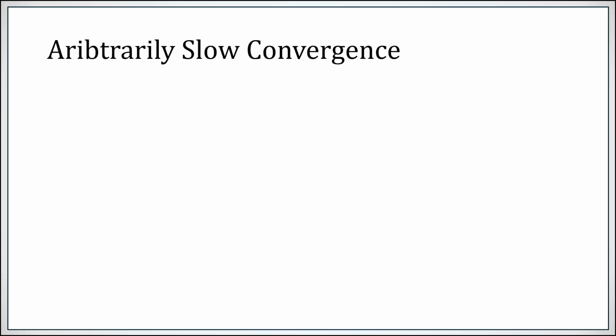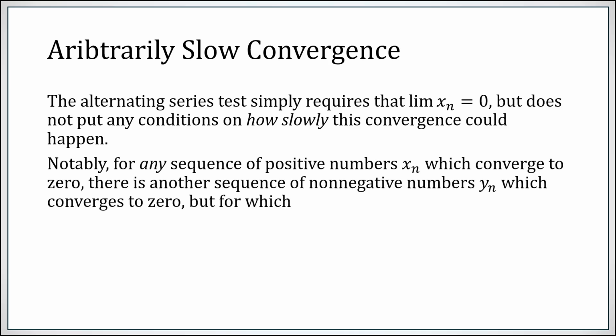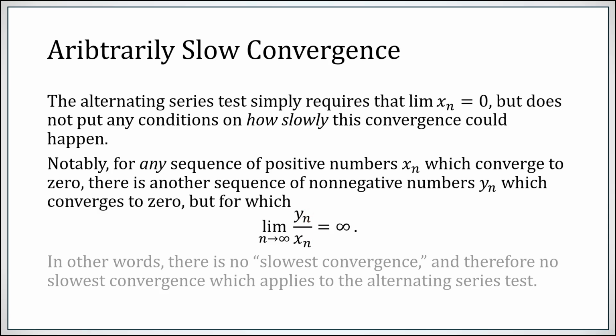A brief comment about speed of convergence. The alternating series test requires that the underlying sequence be converging to 0 with no conditions on how fast or slow that convergence is happening. So as a side remark, I mentioned that for any sequence of positive numbers xn converging to 0, one may construct another sequence yn converging to 0, but for which this limit is infinite, meaning xn and yn are both going to 0, but the yn's are much bigger in a sense than the xn's, meaning the yn's are converging to 0 much slower than the xn's are.